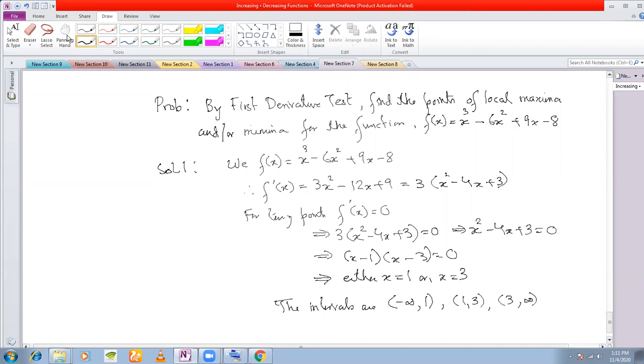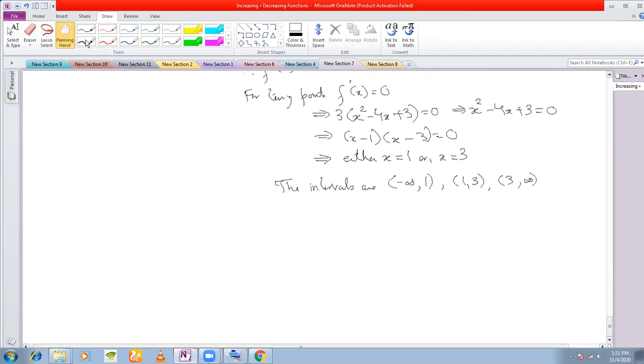Okay, so we'll consider the first interval here. In minus infinity to 1, f dash x. What is the sign of f dash x?